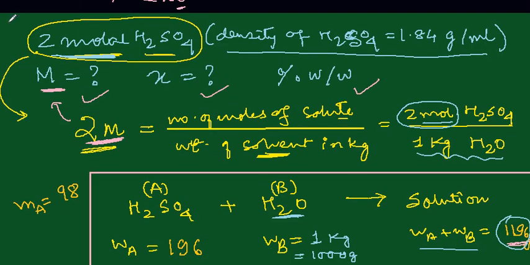And in the second part, we have discussed how to convert the molality into molarity, the molarity into the mole fraction, and the molality into the percentage by mass. Now let's look at the mole fraction. From here we'll try to convert the mole fraction into the molarity, the molality, and the percentage by mass. Let's see how we can do it.